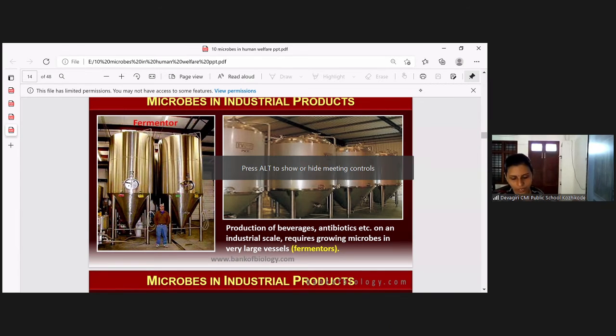Underline Saccharomyces cerevisiae. That is the same yeast which is used for making bread and also for making beverages. It is also known as brewer's yeast. And what is the product produced there? Ethanol. Underline ethanol. This is a 1 mark question. Saccharomyces cerevisiae is known by 2 names.